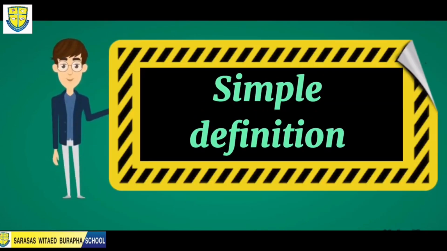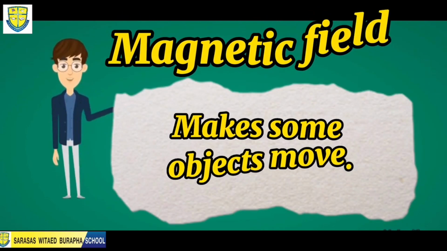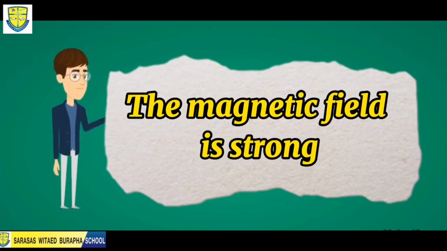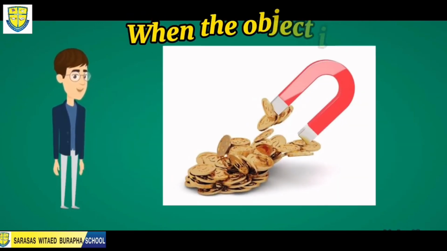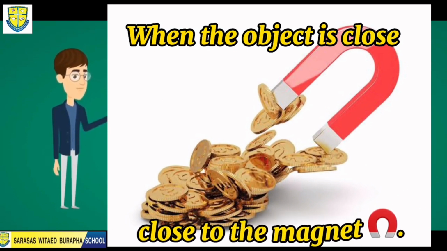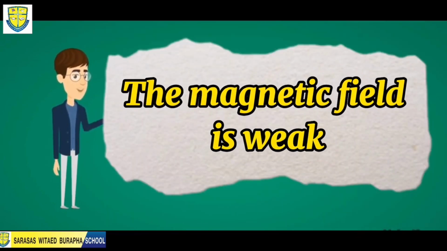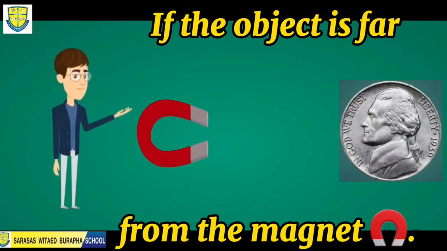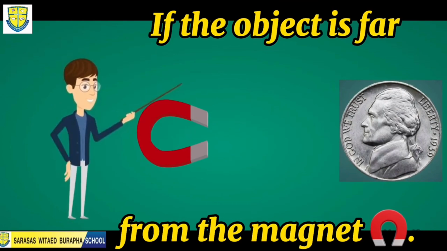To make it simple, the magnetic field makes some objects move. The magnetic field is strong when the object is close to the magnet, but the magnetic field is weak if the object is far from the magnet.